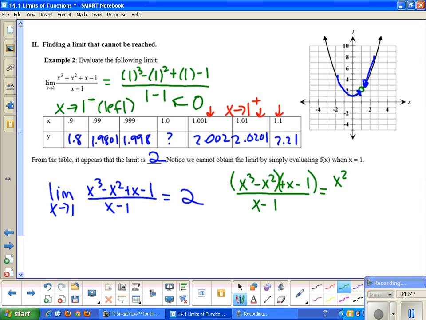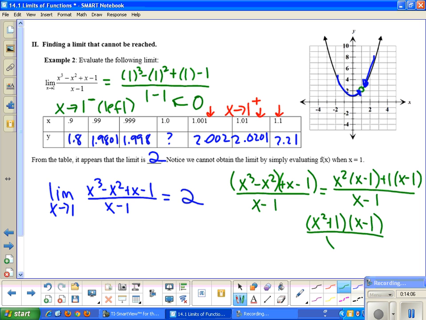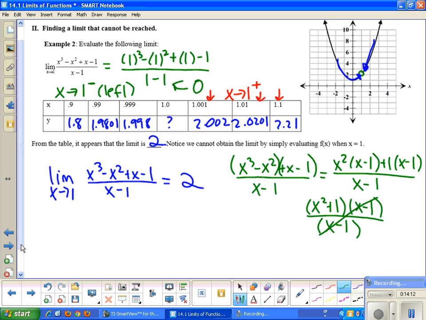When I do that, I get x squared times x minus 1 plus, and I'm not going to factor anything else from the second one, because that gives me x minus 1. So x squared plus 1, in a set of parentheses, times x minus 1, because we factor out the x squared and the 1, over x minus 1. And notice that these cancel out. So when we simplify this, x squared plus 1 would be the simplified version.